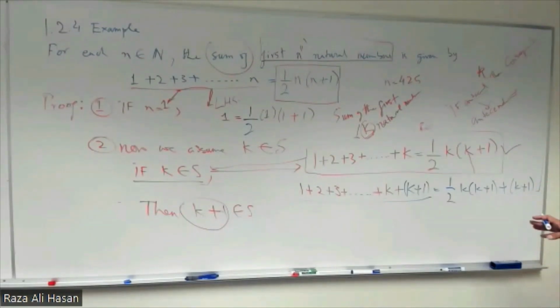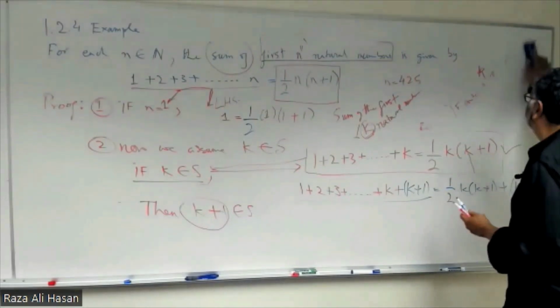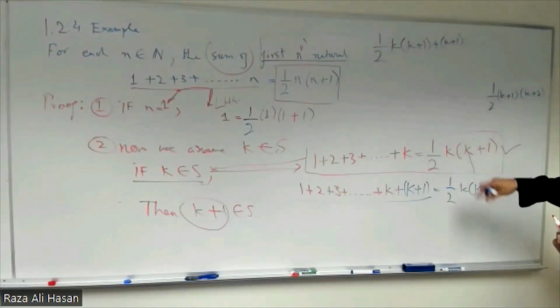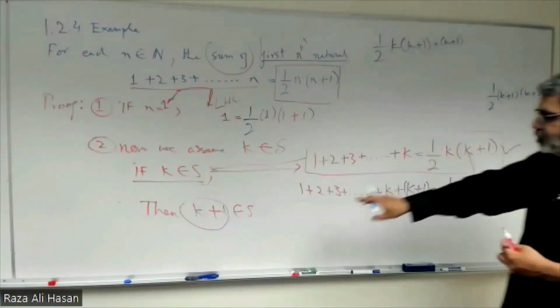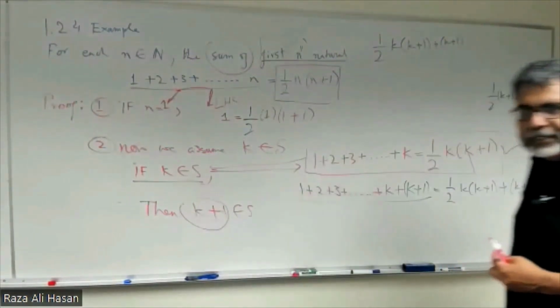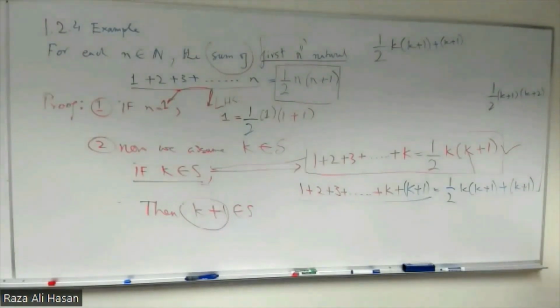It turns out it does happen. It took me a while, but I'll show you here. This is a k plus 1, because we're replacing all the k's with k plus 1. The next number is also in there.